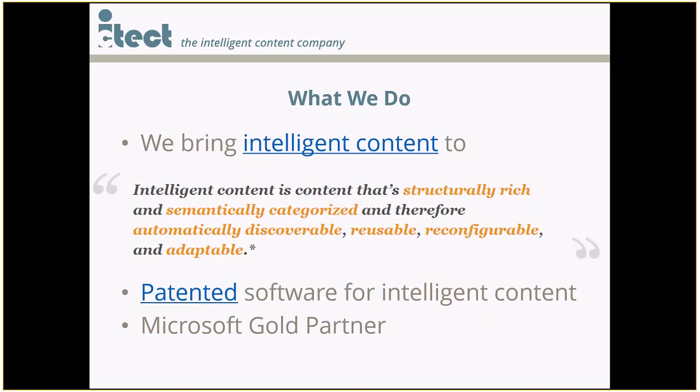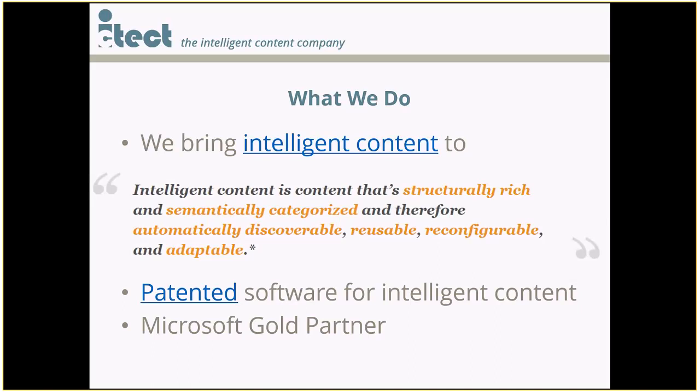Now, when we talk about intelligent content, and if you Google what is intelligent content, you'll come up with this normally accepted definition. Actually, this was written by Joe Gollner and Rockley about 9 years ago.